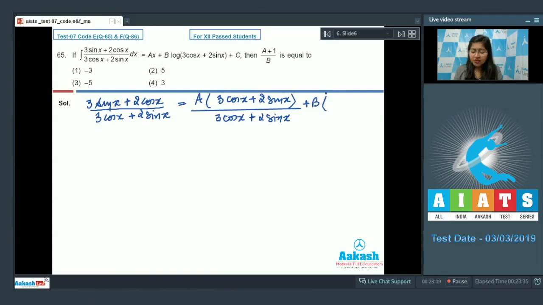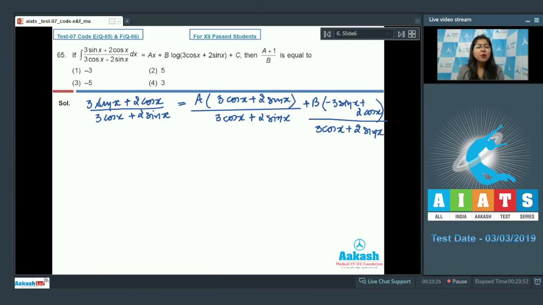That is 3 into the differentiation of cos x, which is minus sin x. So it can be written as minus 3 sin x plus 2 cos x. And in the denominator we have 3 cos x plus 2 sin x.